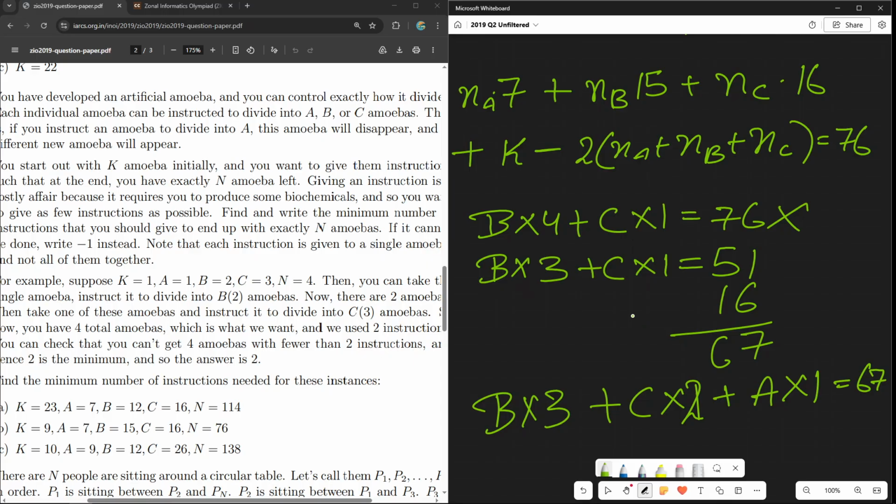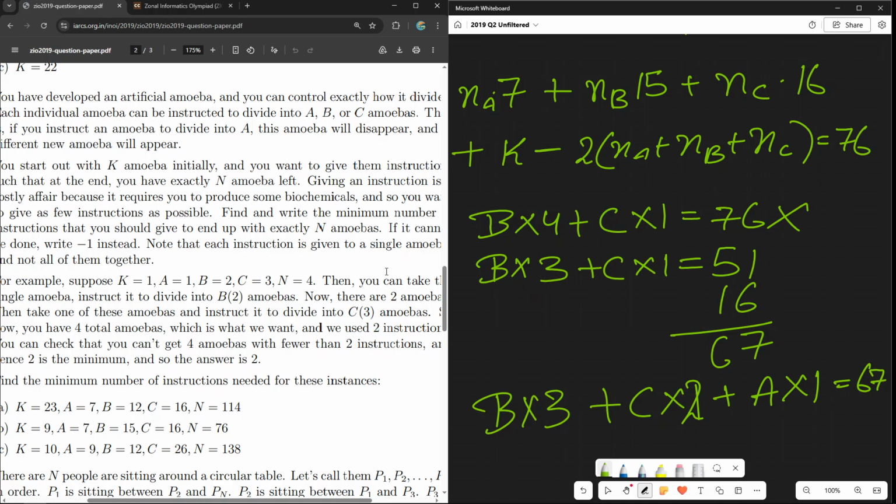That's not possible. 67. I think our formula is wrong because why are we adding it 2 times? Because if we multiply this with 7, already that will disappear, right? Because here if you divide into 3, you are getting 2, right?